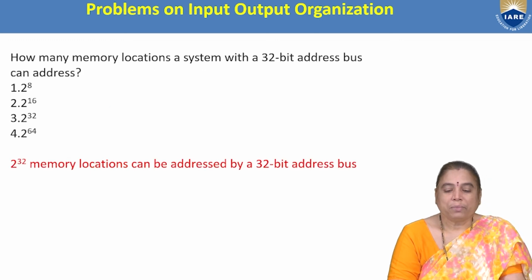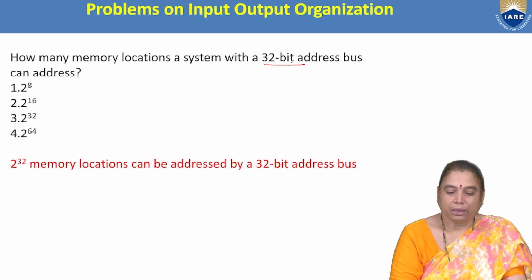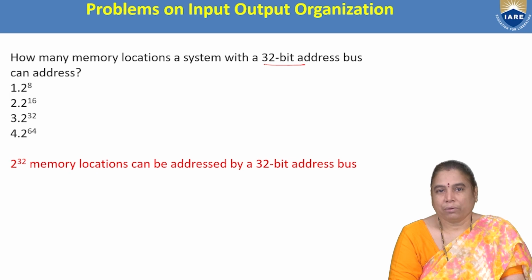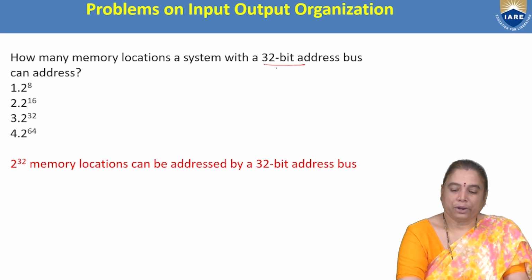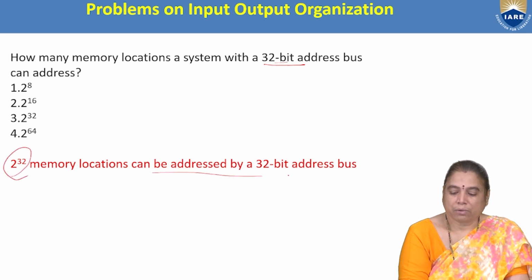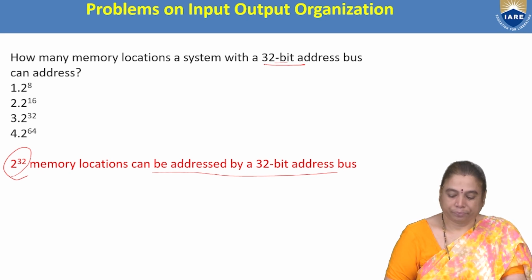Next, how many memory locations can a system with a 32-bit address bus address? The address bus has 32 bits. So what is the maximum number of addressable locations of the memory? 2 power 32 memory locations can be addressed by a 32-bit address bus.